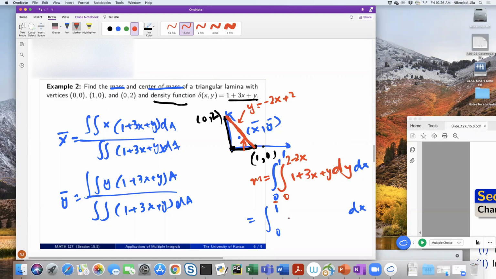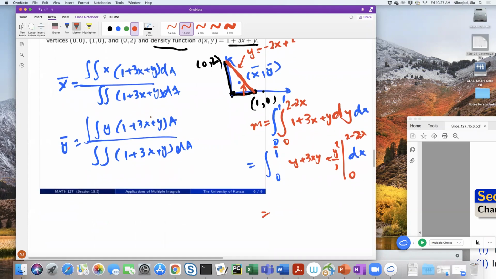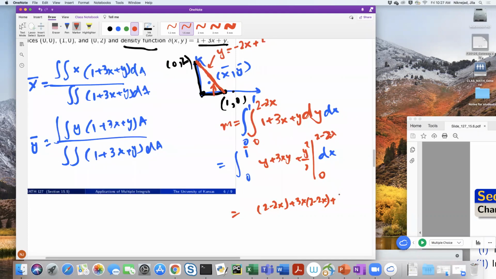And so this is going to be y plus 3xy plus y squared divided by 2, and I plug in 0 and 2 minus 2x. For y, I plug those in: I get 2 minus 2x plus 3x times 2 minus 2x plus 2 minus 2x to the power 2 divided by 2, and you're taking the integral of that from 0 to 1 dx.